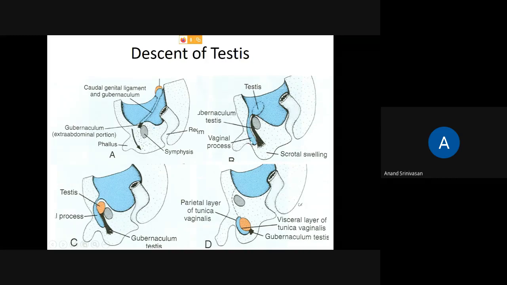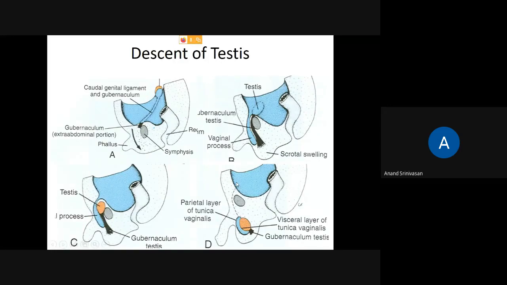It is nothing but a portion of the peritoneum along with the anterior abdominal wall structures: the external oblique aponeurosis, internal oblique aponeurosis, and the transversus abdominis, which come down.